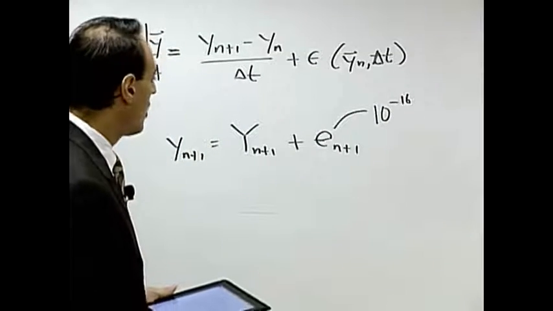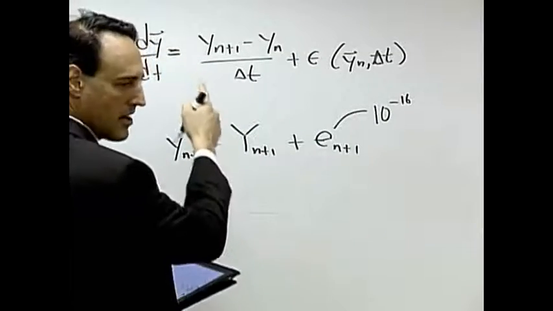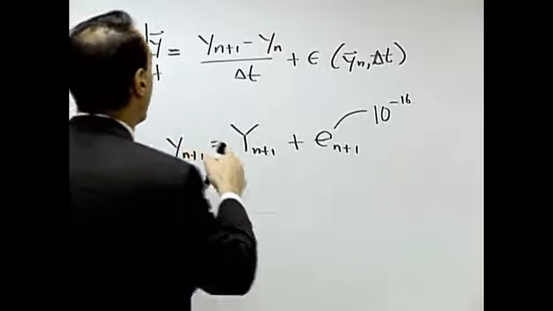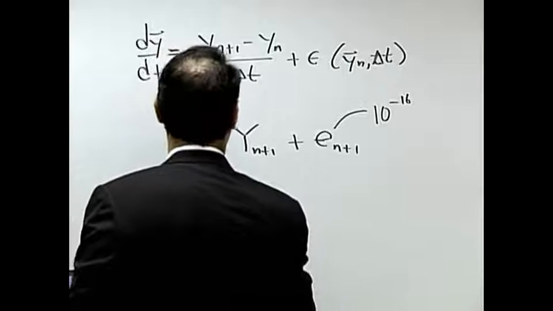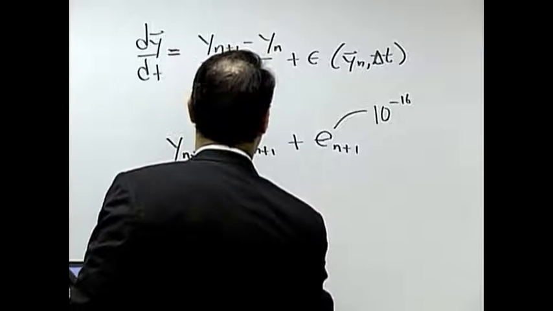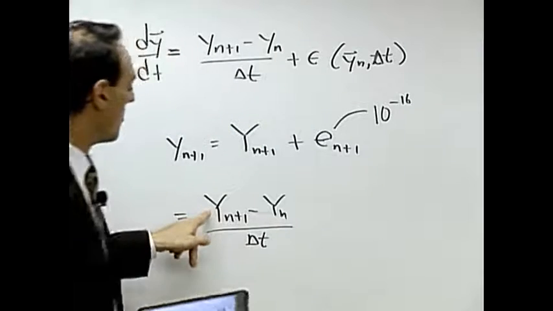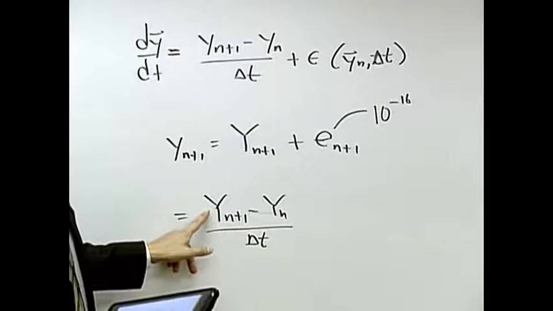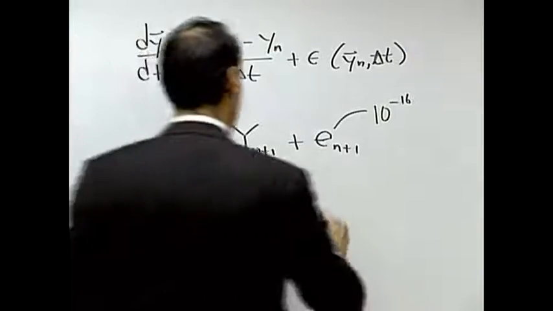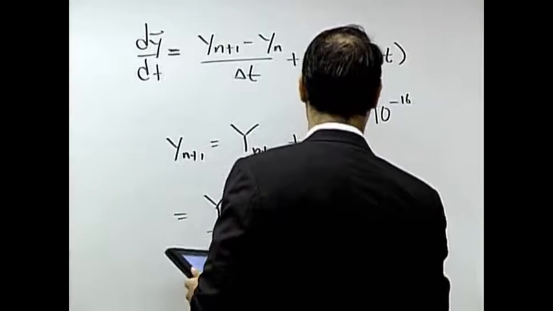So when I go to think about evaluating that formula right there, what I really do is evaluate it with some numerically generated numbers, which are not quite right. They're close, 10 to the minus 16, plus some error.